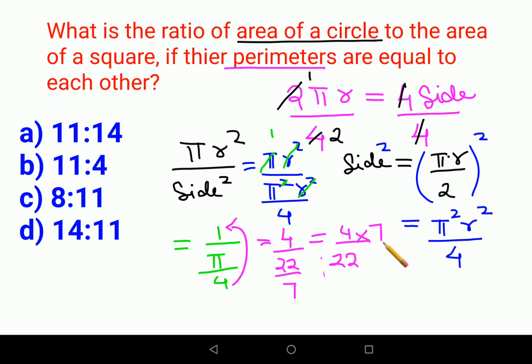Now if you look closely, 4 and 22 can get reduced because both of them are even numbers. So now we are left with 14 upon 11 as the final answer, or we can also say this as 14 is to 11. Therefore, I can say option D is the correct option in this particular scenario.